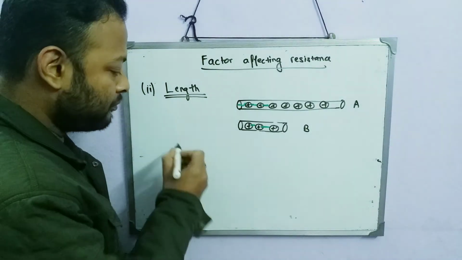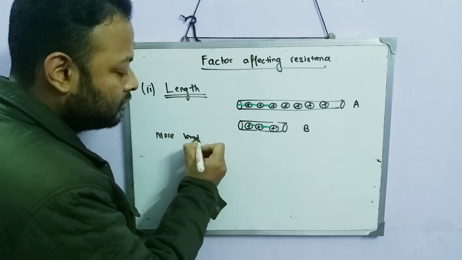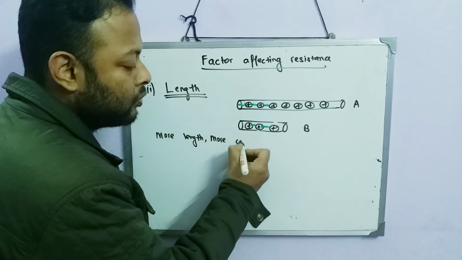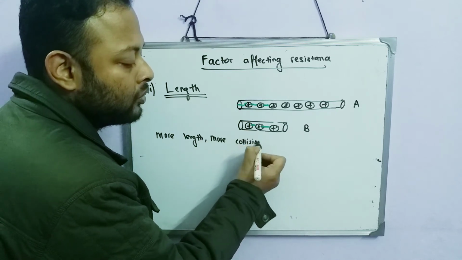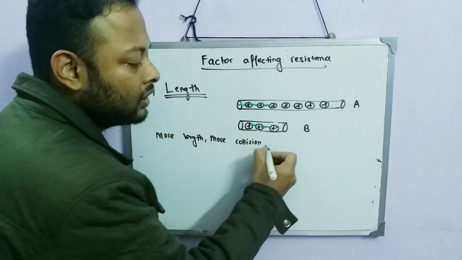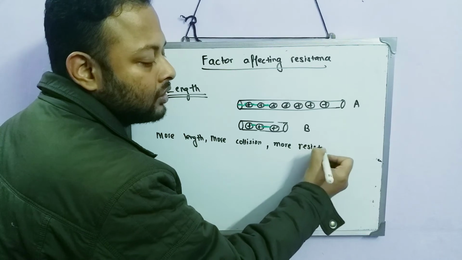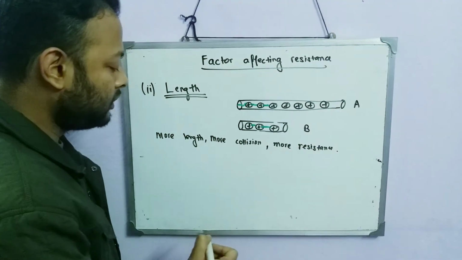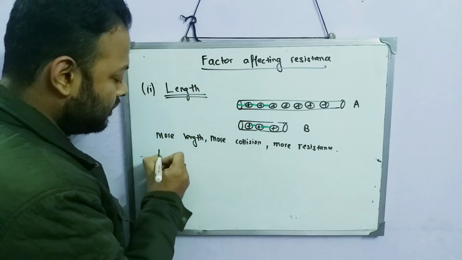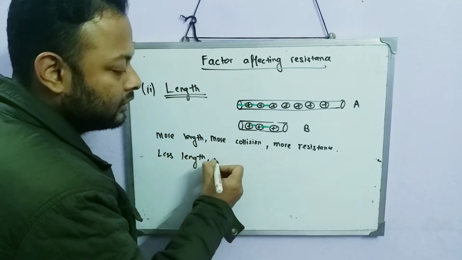So you can say more length, more collisions. More collisions with what? More collisions with the positive ions. And if there are more collisions, there is more resistance. Similarly, if there is less length, then what you can say?